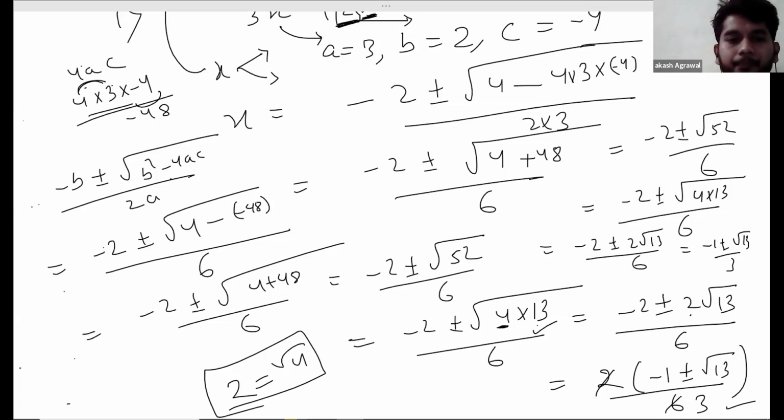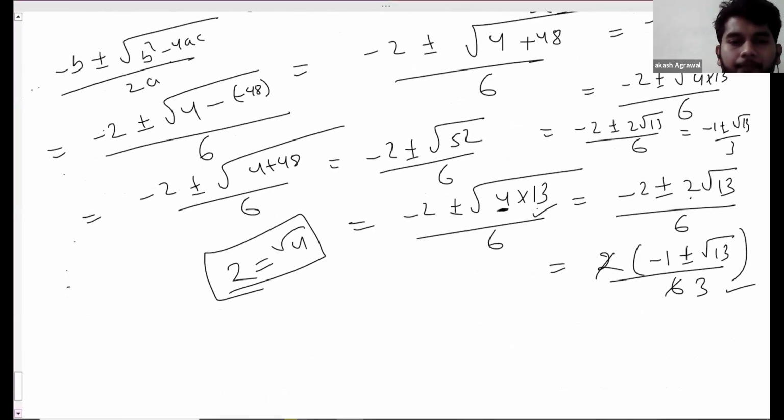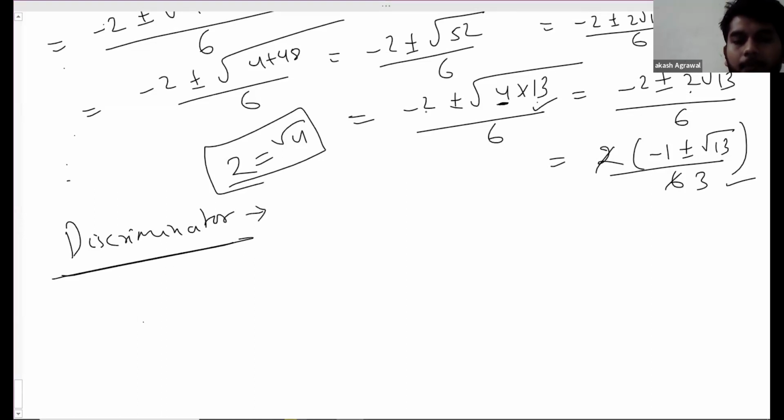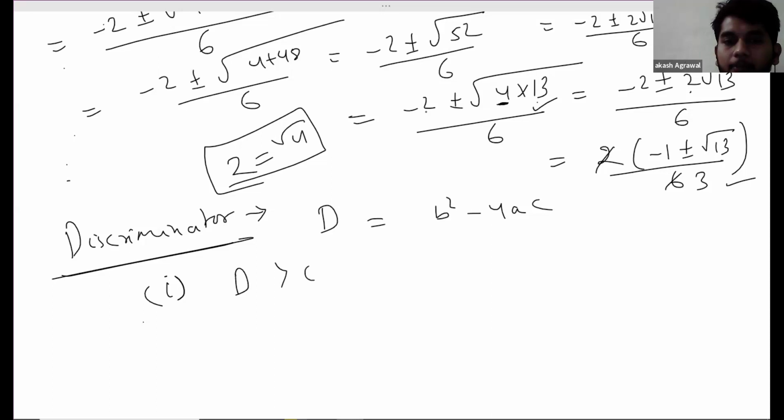All right. There is something called discriminant. This is denoted as D, and it is b square minus 4ac. Just write it down that if D is positive, then roots are real and distinct.